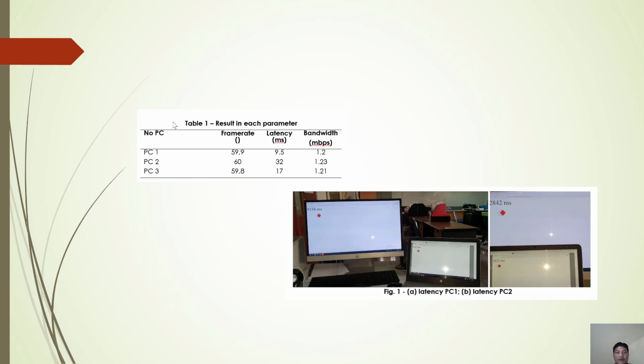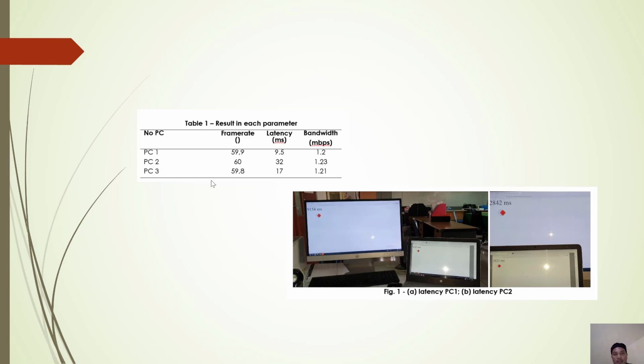This is the result of what we have done. This is a table of results for each parameter: frame rate, latency, and bandwidth. There are three PCs from which we took the data.